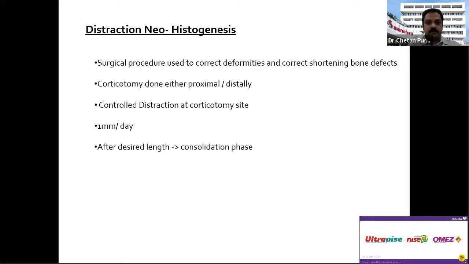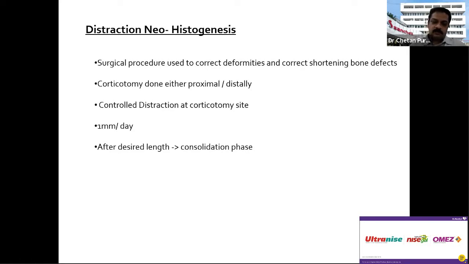One can do a corticotomy, usually in the metadiaphyseal area, proximal or distal of the bone, depending on the location of the non-union site. Controlled distraction is done at the corticotomy site at 1 millimeter per day, either twice a day, or 4 times a day, which is ideal but may not be practical.